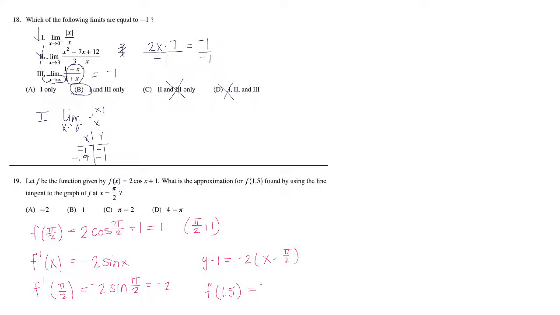So we're going to have -2 times 1.5, which it looks like we need to use 3/2, minus pi over 2, plus 1. And it looks like they multiplied this one out. So that's going to give me -3 plus pi and then plus 1. So looks like we're going to have answer choice C.